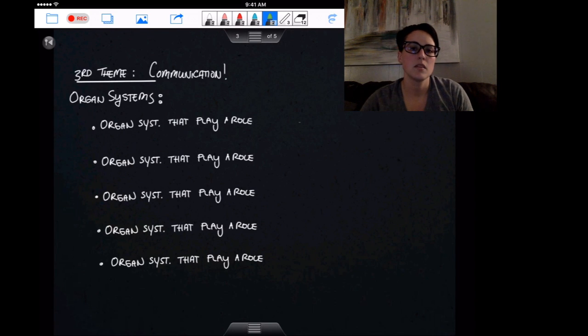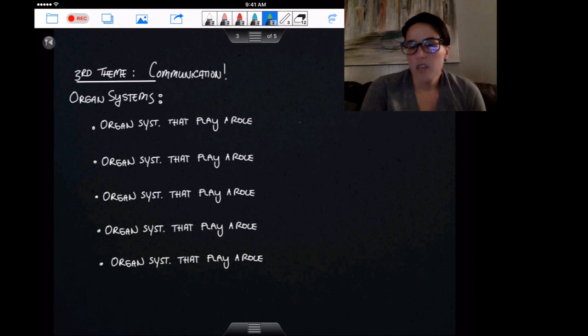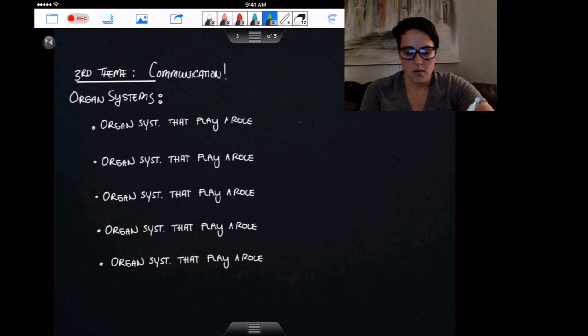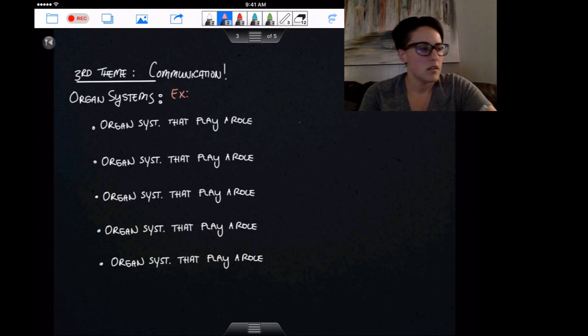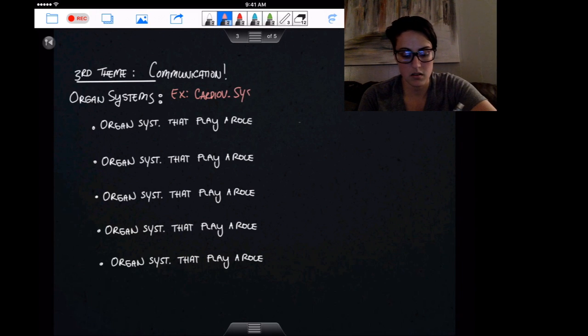Our next theme is communication. We're going to talk about organ systems. So, we generally know what organ systems are. For example, the cardiovascular system. When we say cardiovascular system, we think of the heart.